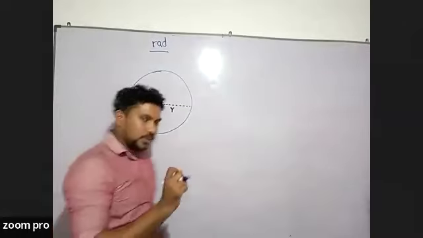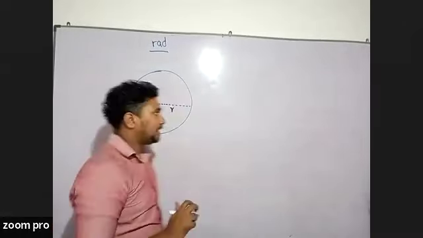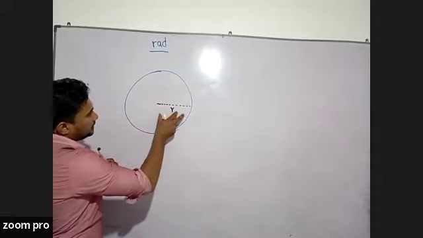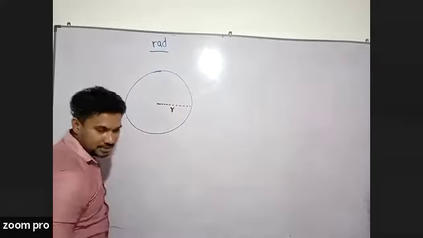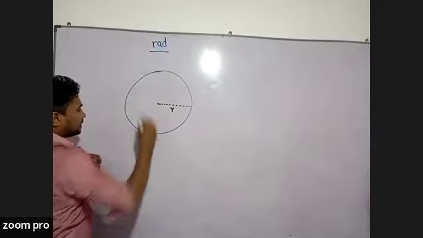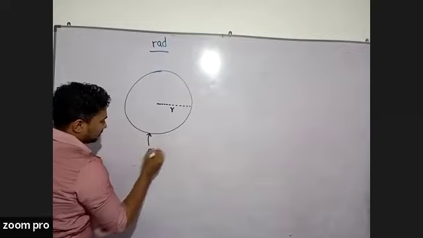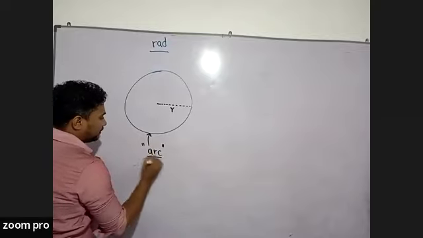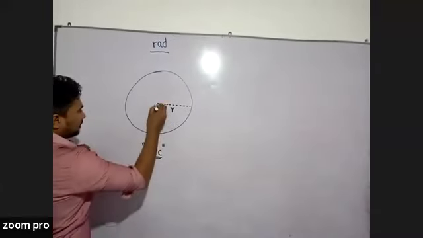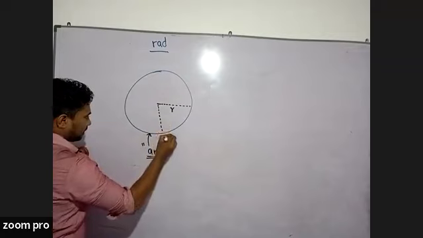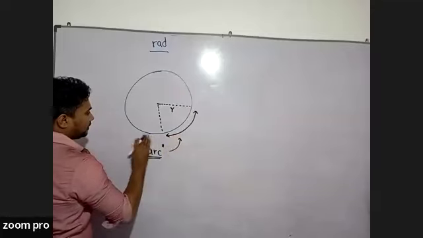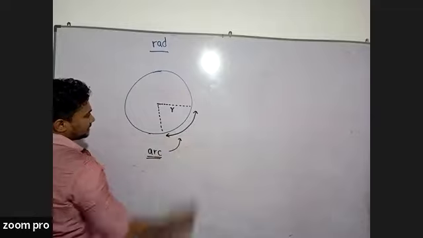Now, this part of the circle is an arc. I think you are familiar with these kinds of words. This kind of length is called an arc.